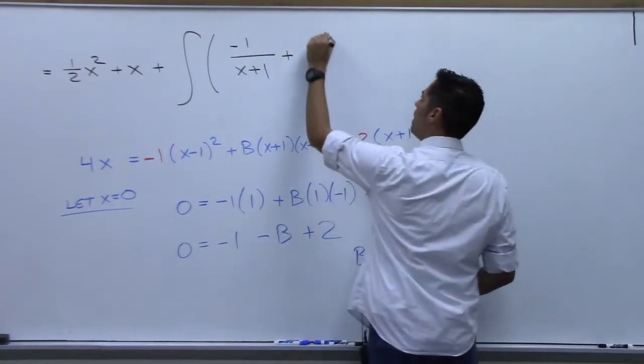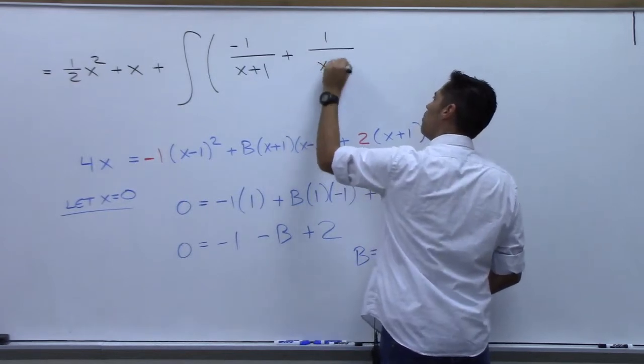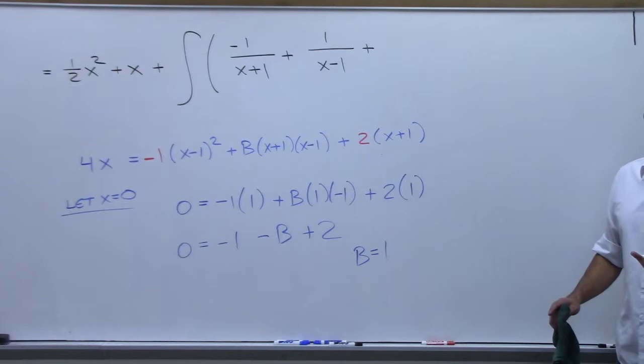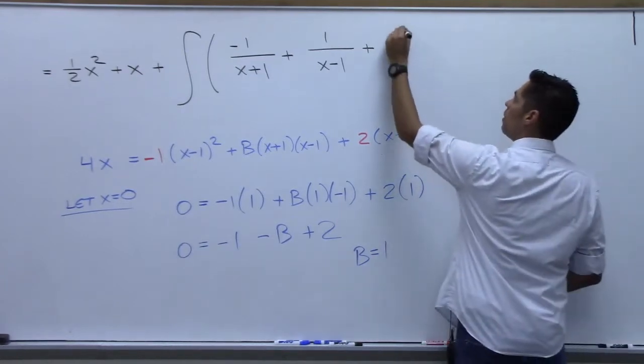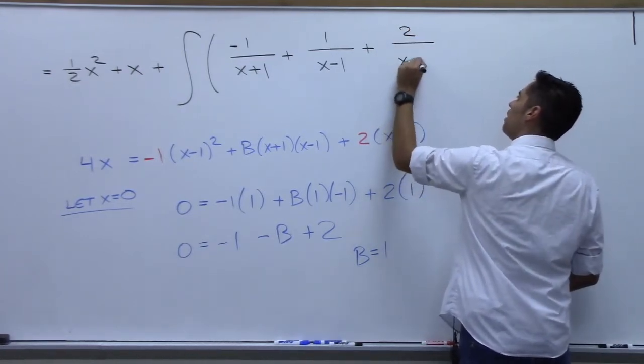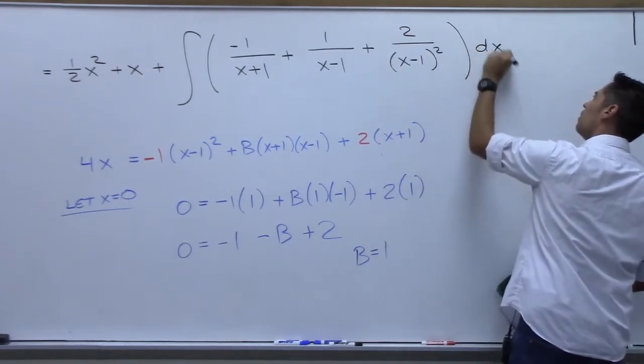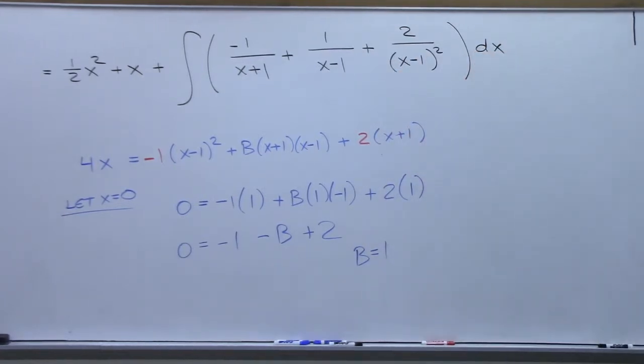Plus c over x minus 1 squared. c was 2, wasn't it? So 2 over (x minus 1) squared dx.